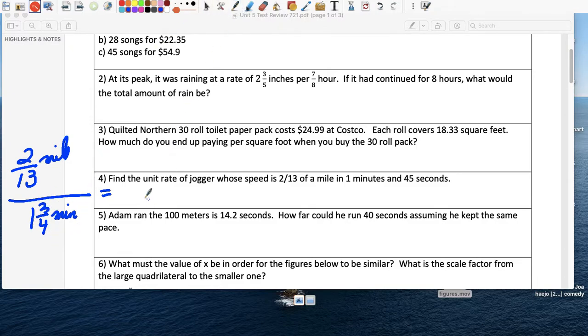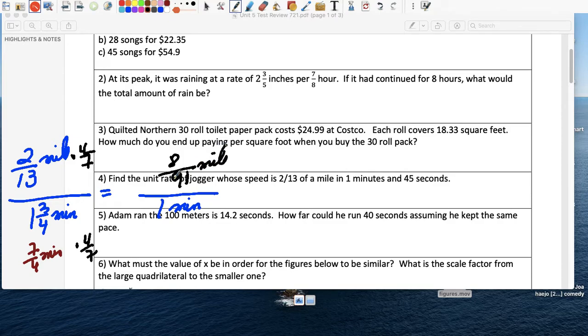Now, if you want to change the unit rate to how much he can run in just a single minute, let's change that 1 3/4 and write 7/4, because it's the same thing. That helps me because now I know the reciprocal, which is 4/7. I'm going to multiply top and bottom by 4/7, and I get 8 over 91.